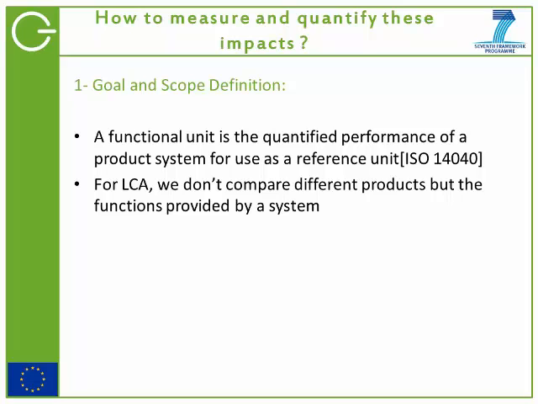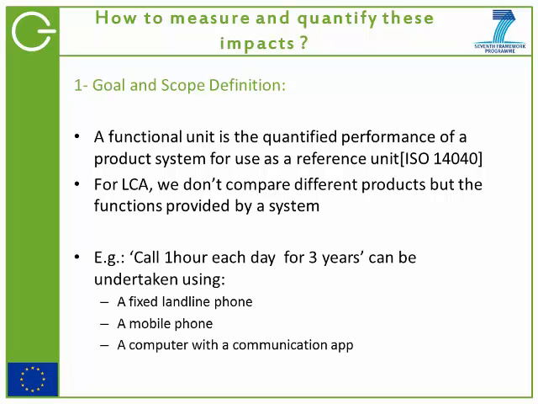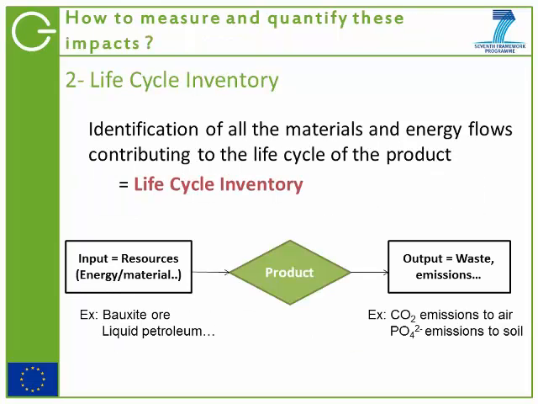It is defined with an action and a quantification of the intensity of the action. For example, call 1 hour each day for 3 years is a functional unit that can be fulfilled by different systems, such as a fixed landline phone or a mobile phone, or even a computer with a communication app. The exercise at the end of this video will help you understand the concept of functional unit for different systems.